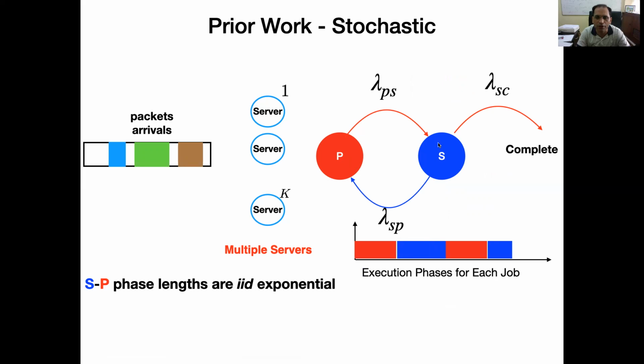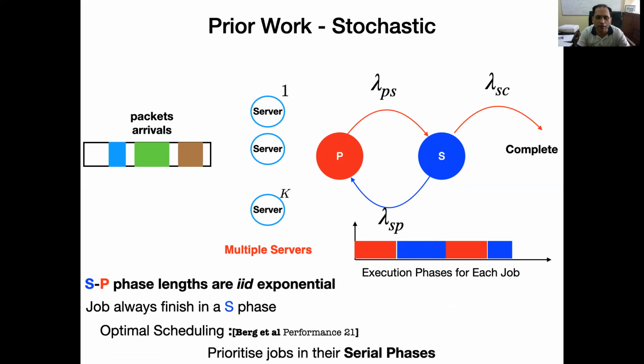This is the model which has been looked at in a nice piece of work in Performance 21, where an optimal algorithm was actually derived, and the optimal algorithm prioritizes jobs which are in their serial phases. That is dictated by the model, where a job completes only when it's in the serial phase. So the algorithm is trying to maximize the rate at which jobs are completed.